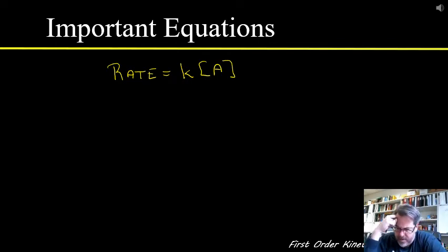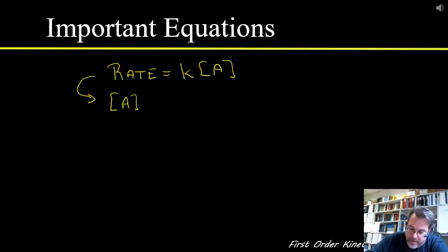And from this equation, if you know differential equations, advanced calculus, you can use this equation to derive a general equation for the concentration of A as a function of time. We're not going to do that here, but you get an equation that looks like this.